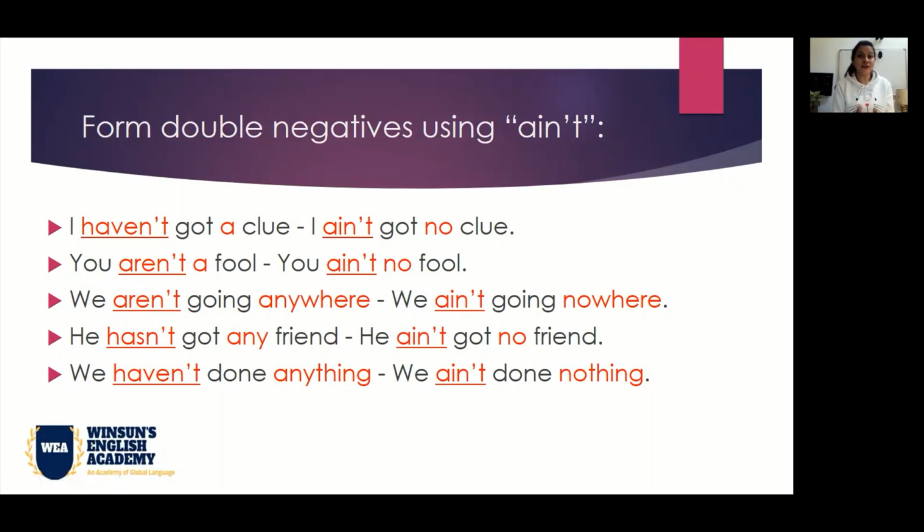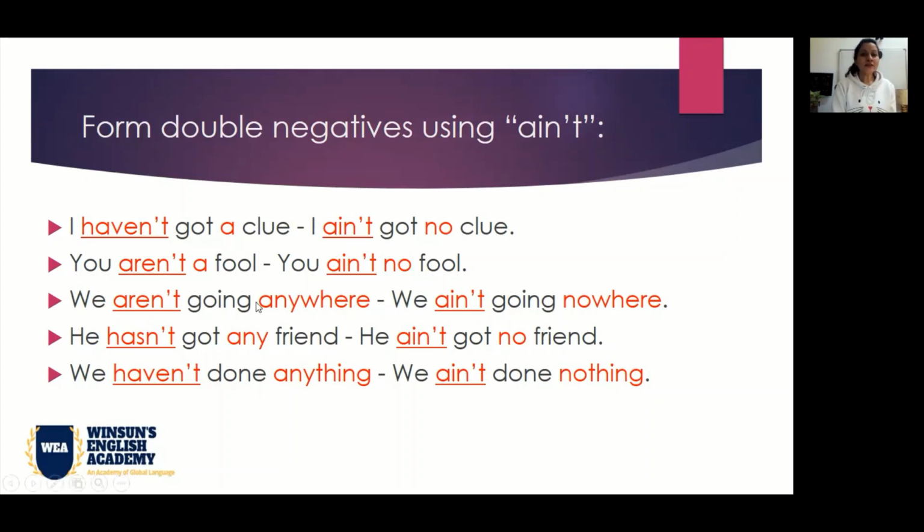So, I ain't got no clue. Replace a with no. Second one, you aren't a fool. You ain't no fool. Make it a double negative. Not is already present in ain't, and along with that, we are using no. So ain't no. Again, drop the sound of t: ain't no.